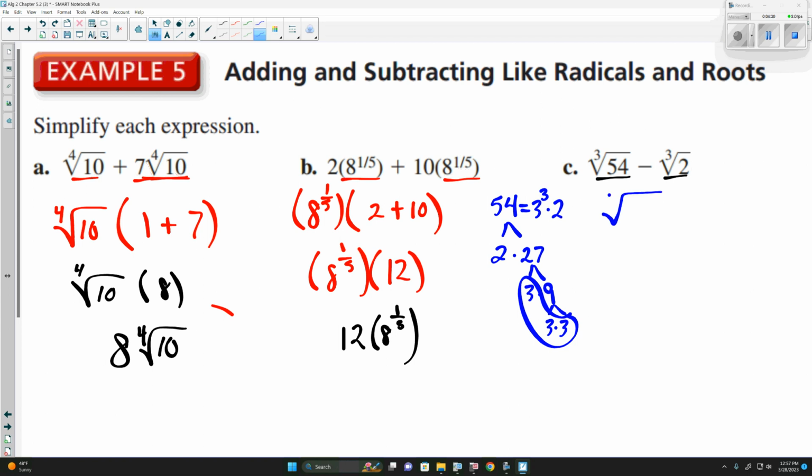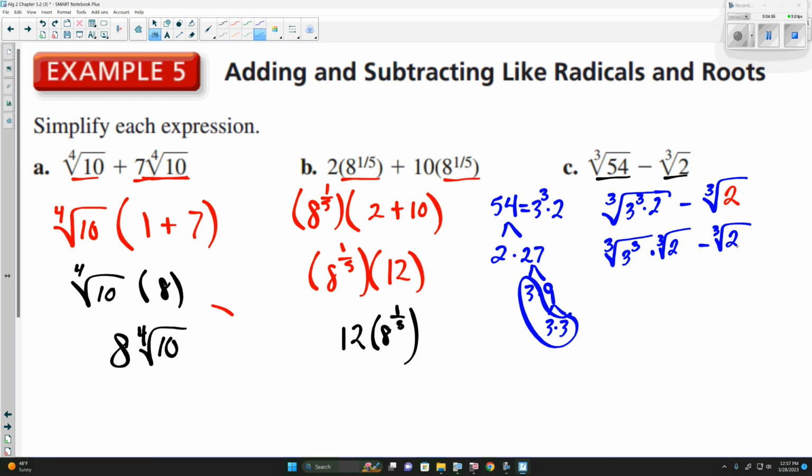So really what we have is the cubed root of 3 to the third times 2 minus the cubed root of 2. Now we can reduce this. If we wanted to rewrite the first one, we could say we have the cubed root of 3 to the third times the cubed root of 2 minus the cubed root of 2.